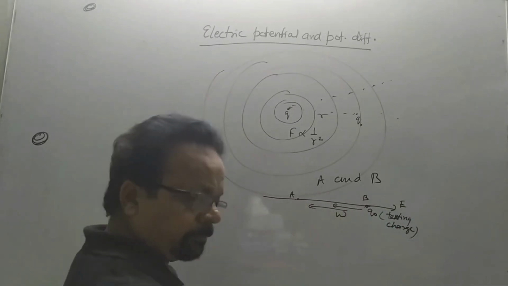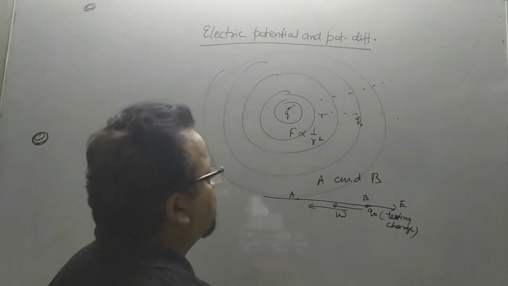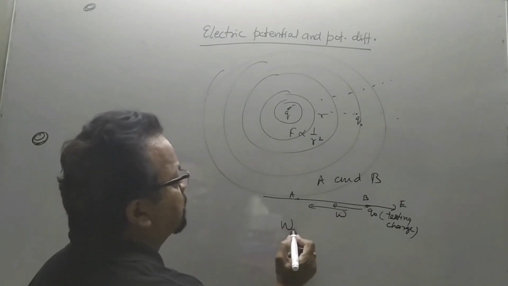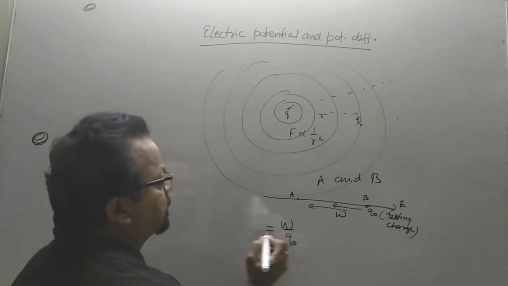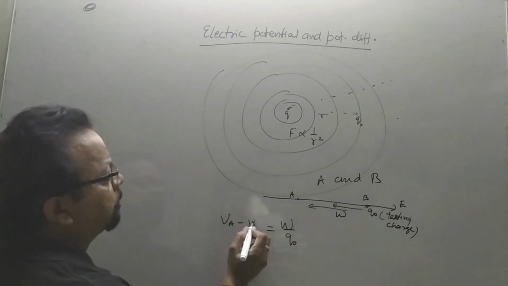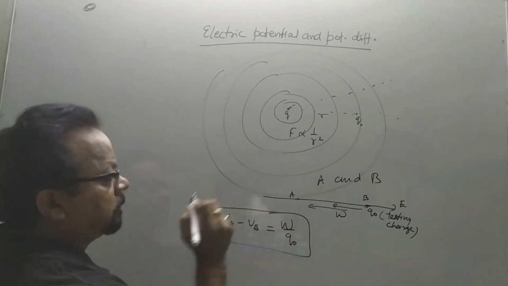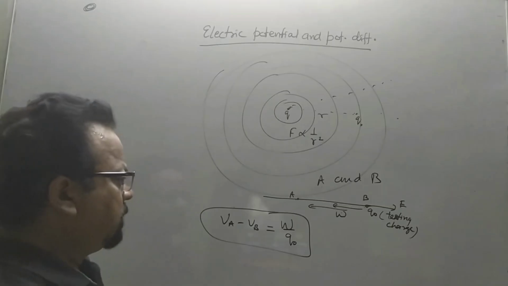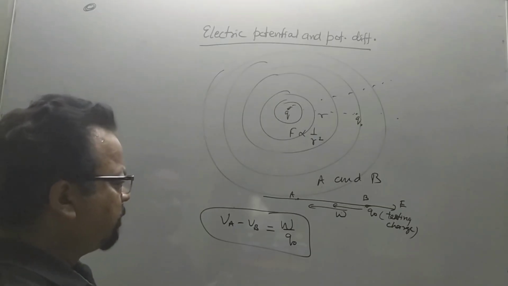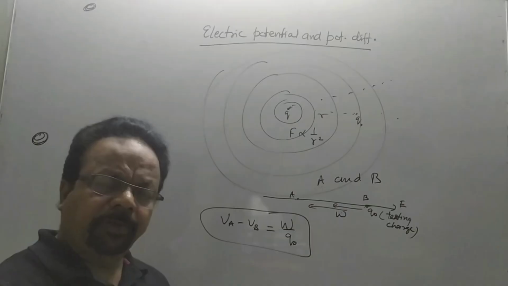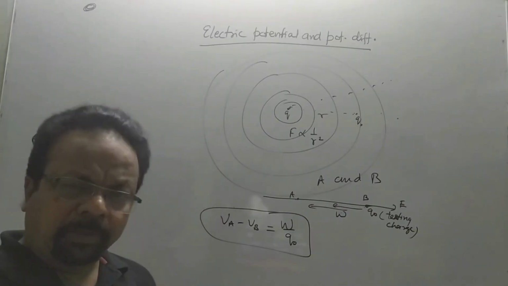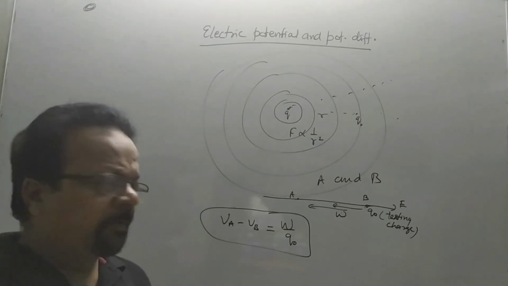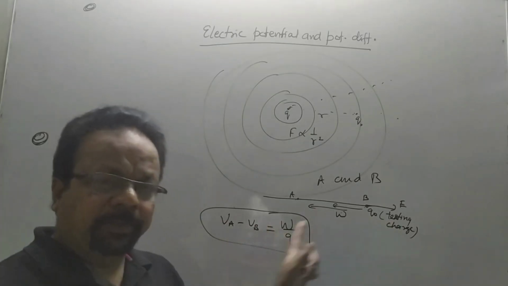W work is done. This work for unit charge is known as potential difference between these points. Again, mathematically, potential difference between the 2 points in electric field equals the work done in moving unit positive charge between these points against the electric field.